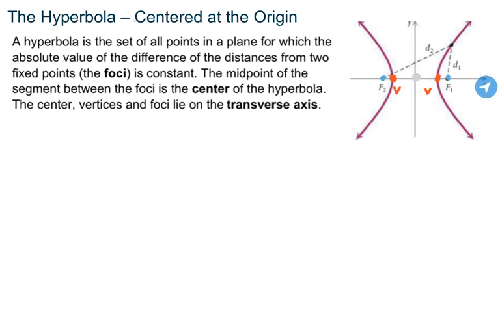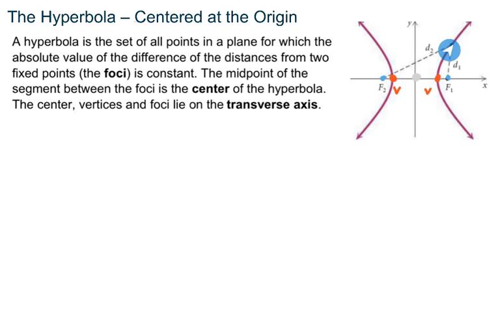And then you can see we've got two foci. So in this case, we have a horizontal transverse axis. The hyperbola pieces are opening to the left and the right. And by definition, a hyperbola is the set of all points in a plane for which the absolute value of the difference, so this distance and this distance, if I subtract those two distances, the difference of those distances, the absolute value, would always be constant.